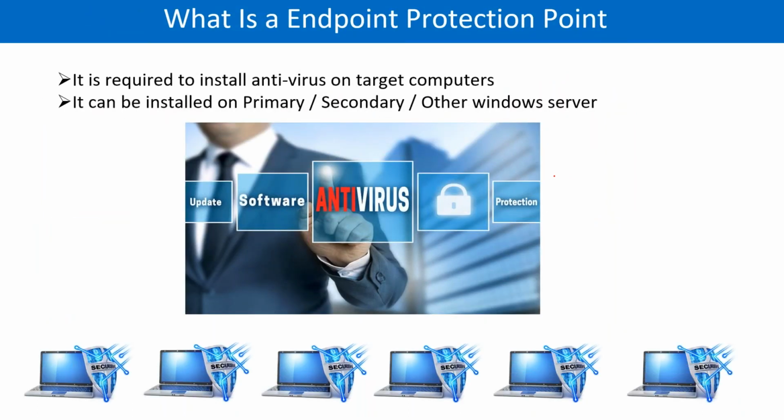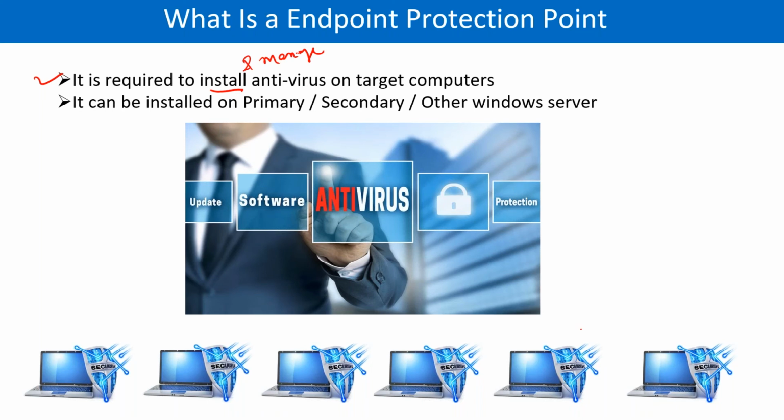Endpoint protection. You have Windows Defender, right? In computers. In order to manage Windows Defender, we can use this endpoint protection point. It is required to install and manage antivirus on target machines.